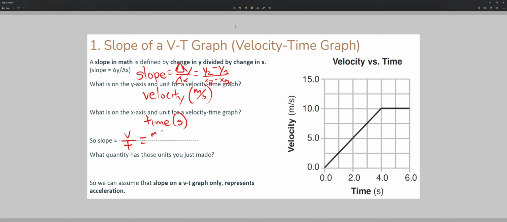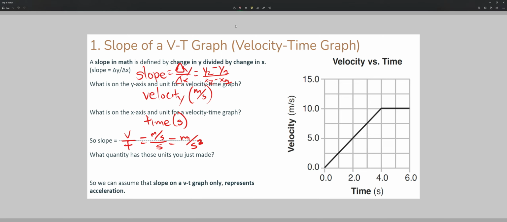And if you were to do your units, you would use meters per second divided by second. The units that would be resolved when you divide by seconds is meters per second squared.